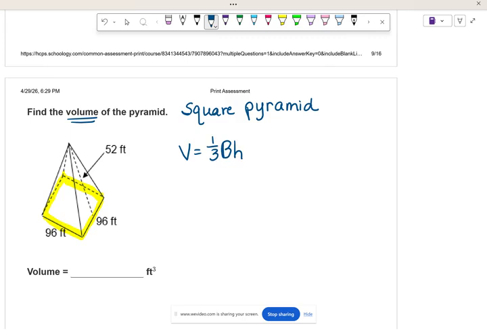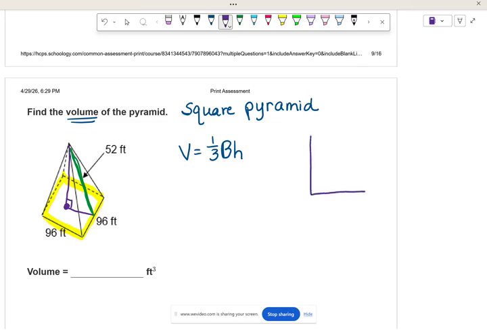All right, let's see. Inside of this square pyramid, I know there is a right triangle. Here's the hypotenuse, or slant height. And then we come across to the middle of the base, and then we connect to the tip top up there.